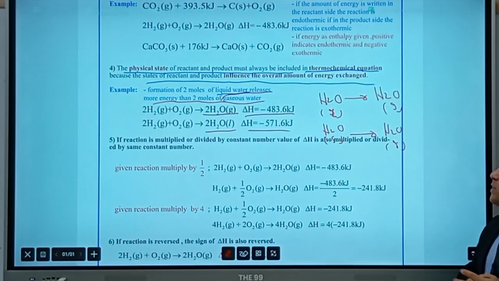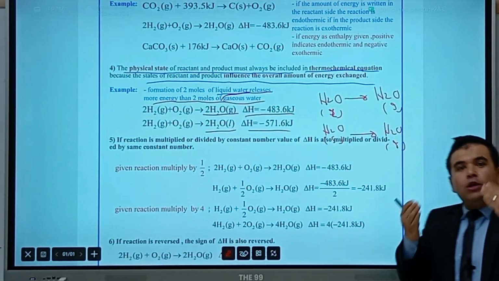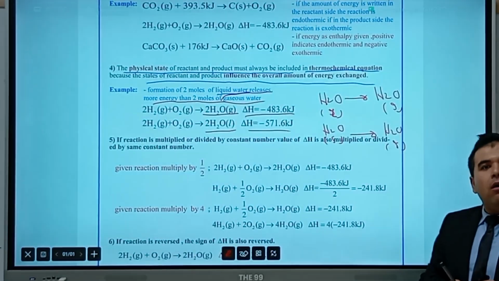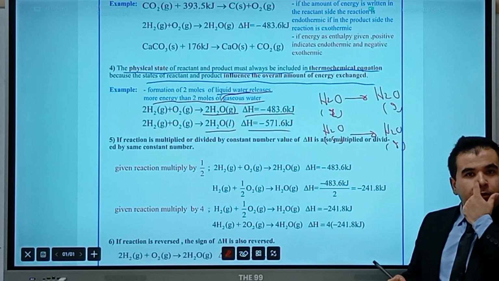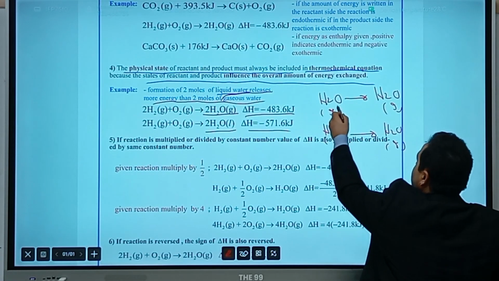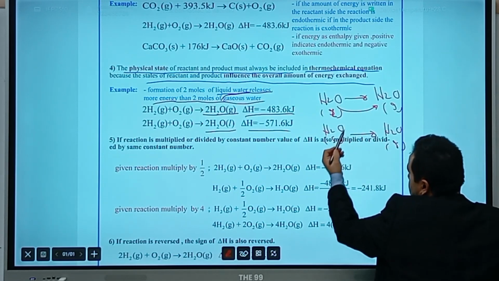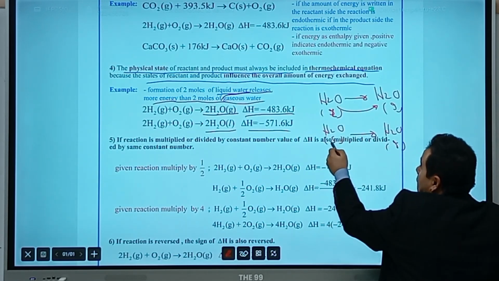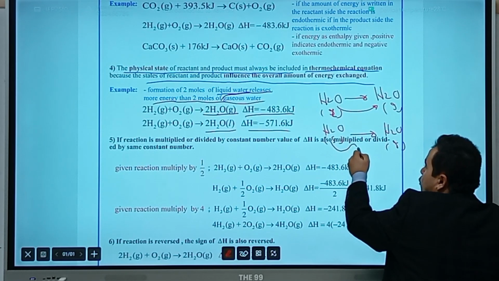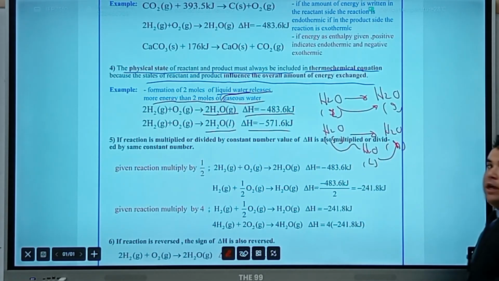It's not logical to say that H2O liquid and H2O solid, in order to boil and evaporate them to be gaseous, to be vapor, need the same amount of heat. No. The liquid can directly be converted to gaseous. But the solid, we have to convert into H2O liquid, and then H2O liquid goes to H2O gas.